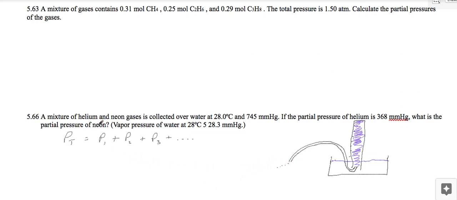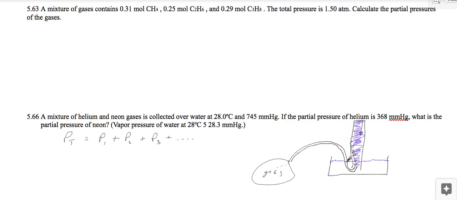In this case, it's a mixture of helium and neon gas, so it's probably connected to, I don't know, like a balloon or something here of those gases. And the gas then goes into the container so it can be measured, and as that gas bubbles into this container, the volume of the water decreases. And so we can measure how much gas it is by how much water that displaces.